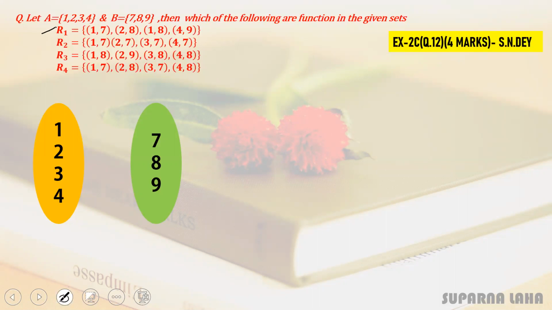Firstly, draw the diagram. 1 is related with 7, 2 is related with 8, 1 is related with 8, and 4 is related with 9. So for this R1, what is the first condition? Every element in A has an image, but 3 in A does not.